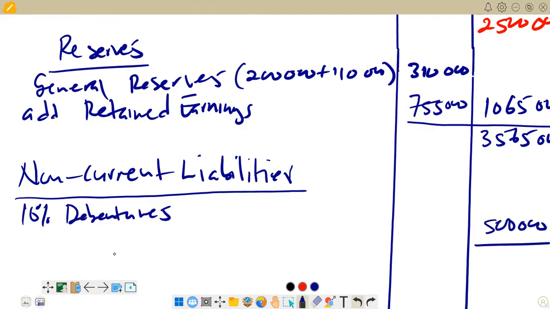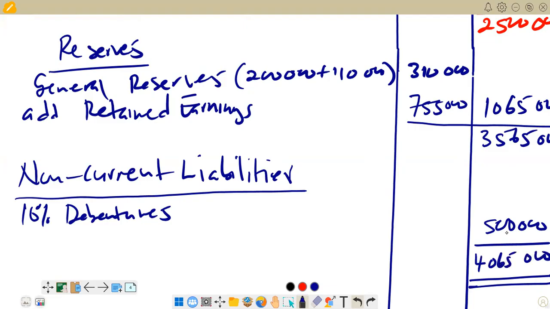Then we add to get the total balance there. So if we add 3,565,000 and then we add 500,000, you get 4,065,000.